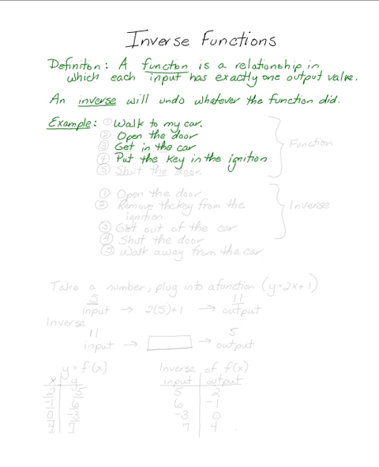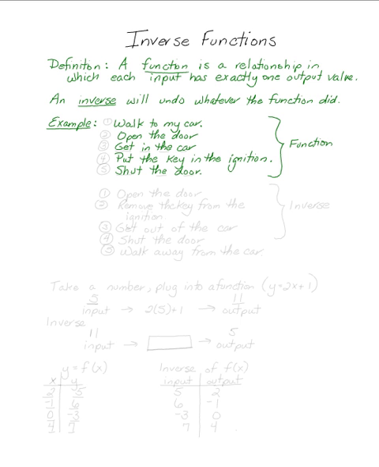Now you can see where I'm sitting right now. Perhaps maybe I ought to shut the door. So now I've shut the door of the car, and I'm sitting in my car, and this is my function. So this is the steps to my function.